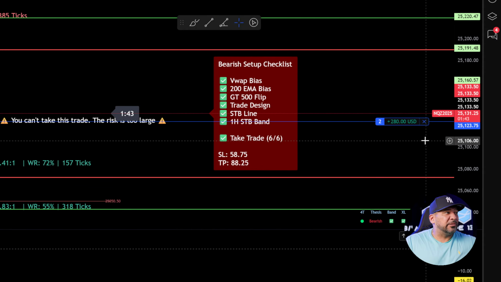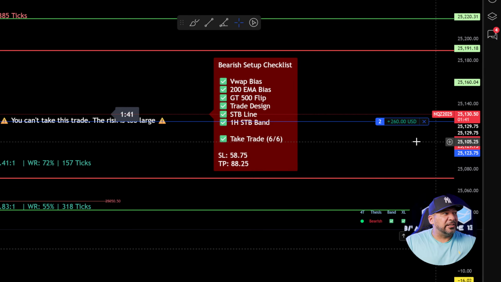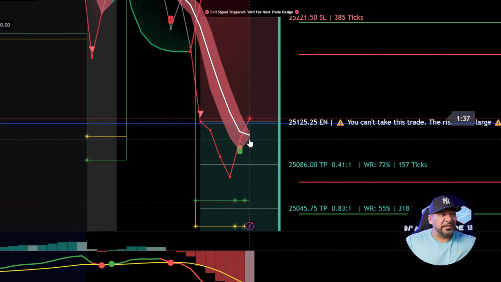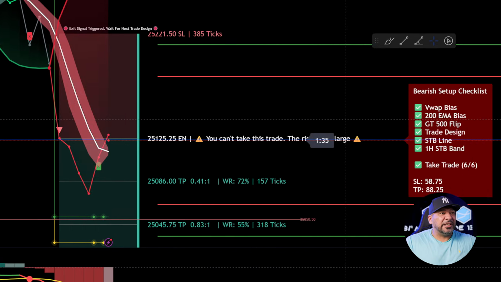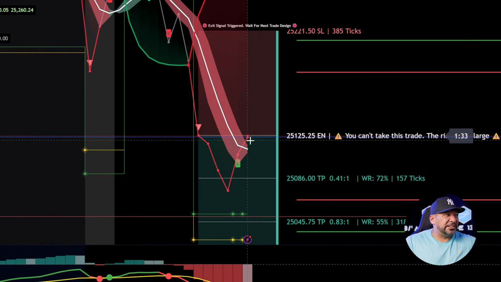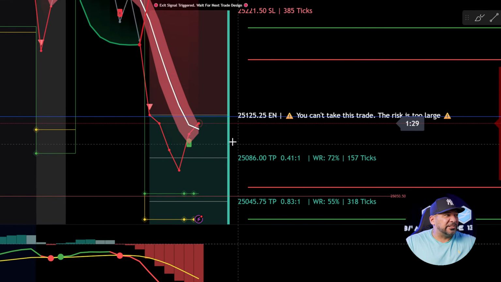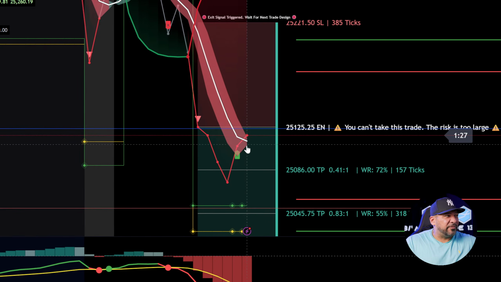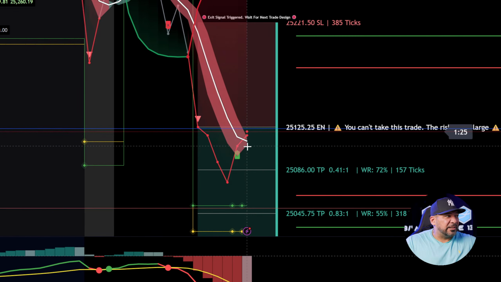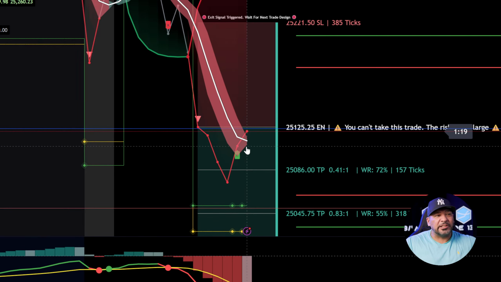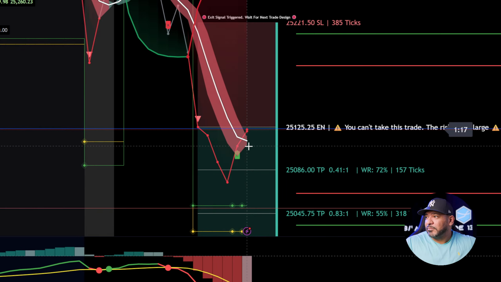So what I can do is say, all right, it comes back down here. That's the stop. Now I'm not going to set a break even because it's still very, very close to break even. And technically I am trading against the trend. So I would have to wait for this to come down here. Otherwise, next time I see $400 profit, I'll just take the $400 profit.